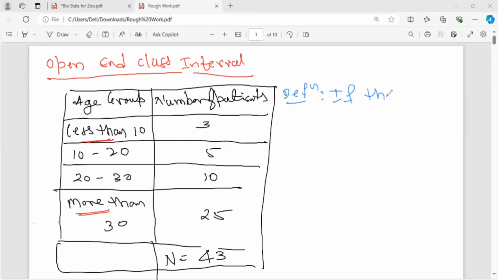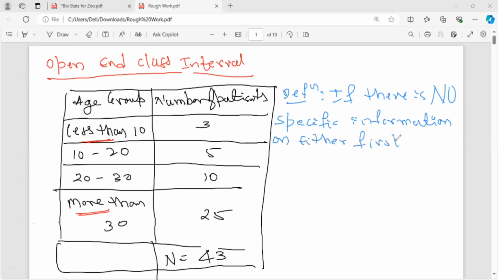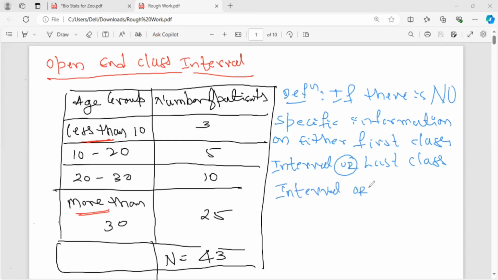If there is no specific information on either the first class interval or the last class interval, or sometimes both.